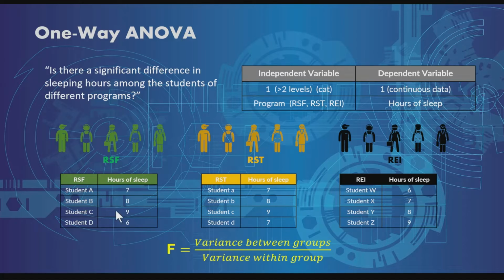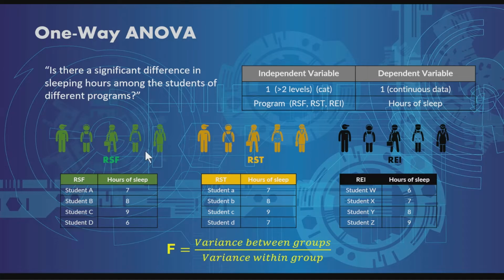Variance within group means the difference in hours of sleep between the students in the same group. So the variance within a group must be smaller than the variance of the hours of sleep between the RSF, RST and RAI groups. And therefore, F will be larger than 1.0 if the mean of the RSF group is actually higher as compared to RST, RAI.